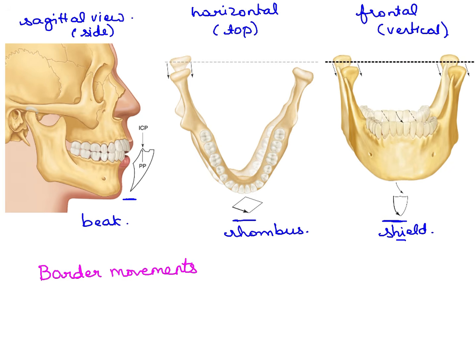So, if the mandible goes right, it will appear as an arrow on the right. If I am seeing this from the top view, horizontal view, left and then protrusion, right and then protrusion. So, whatever view of the mandible, if the mandible is moving right, then you will see a tracing in the right, in that specific plane. These are known as border movements of the mandible.